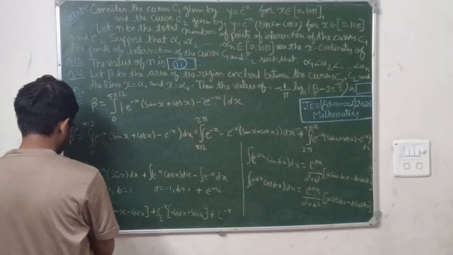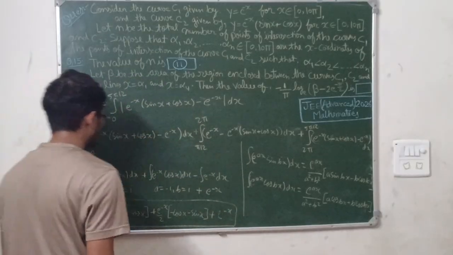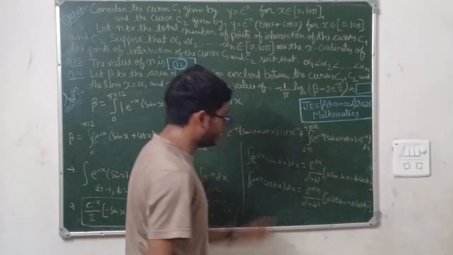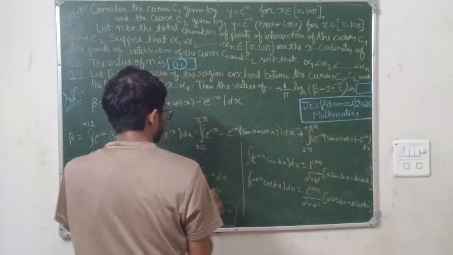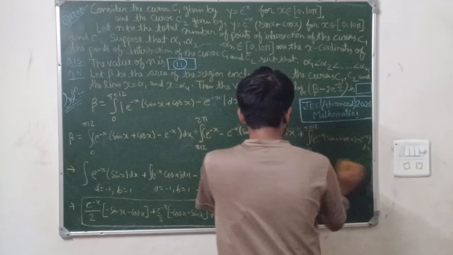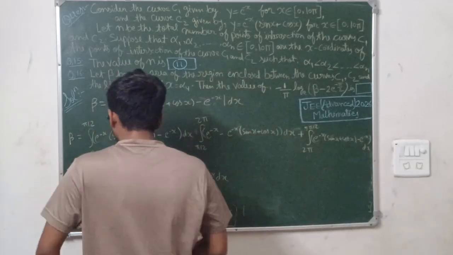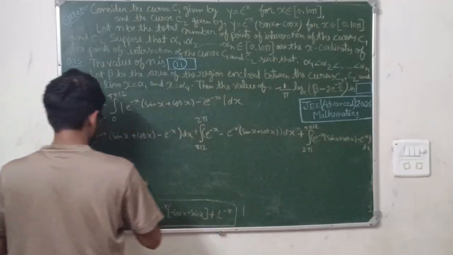This is the whole integration for this whole function. Okay, this is the integration. You have to just apply the limits and simplify it. You can note down this formula. Now for the first part, you can just apply the limits and your answer would be there.